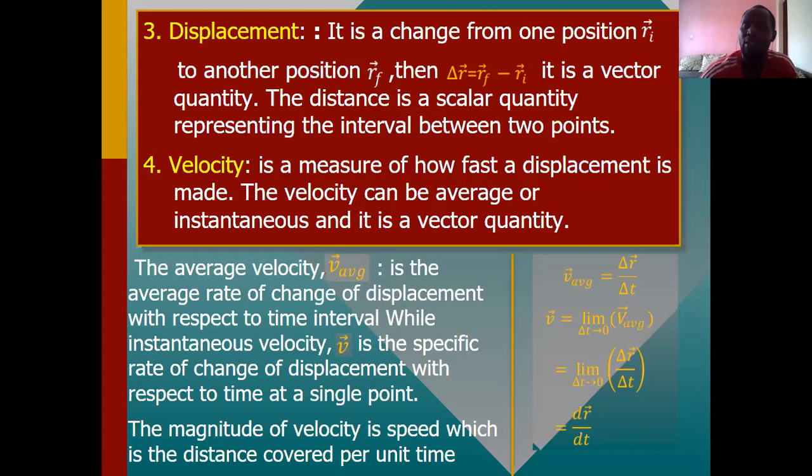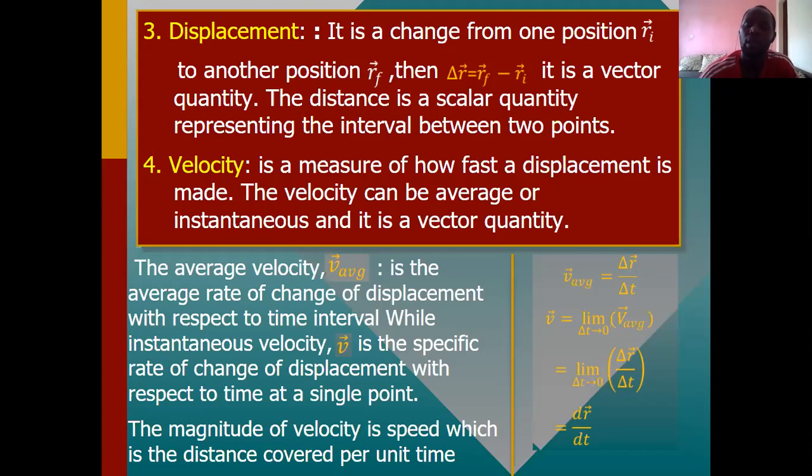The average velocity is when you have different velocities from different positions, and then you need to do the mathematical average to get one velocity which can represent the whole journey. Whereas the instantaneous velocity is the velocity at one point.